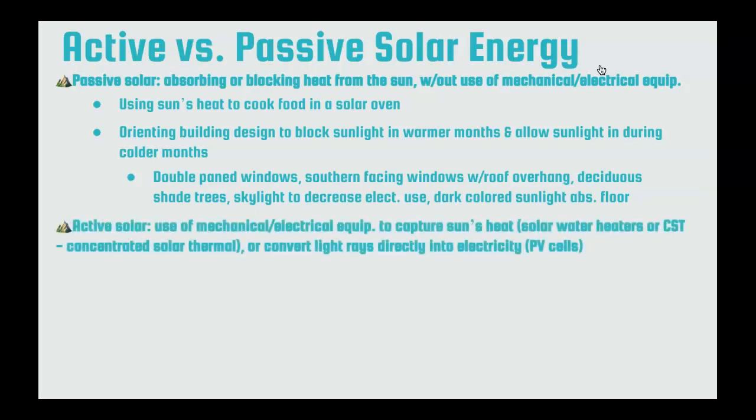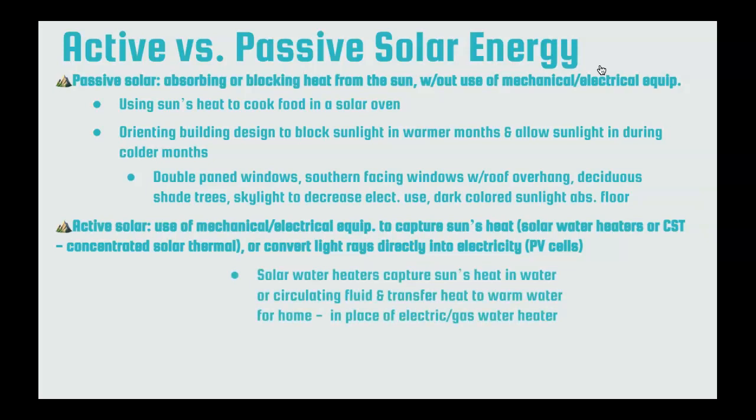So active solar is kind of the opposite of this in that we're using mechanized equipment, mechanical or electrical, to capture the sun's energy. These could be solar water heaters. This could be concentrated solar thermal energy, which is like solar energy on a solar farm level, or this could be the use of what we refer to as solar panels, those PV cells.